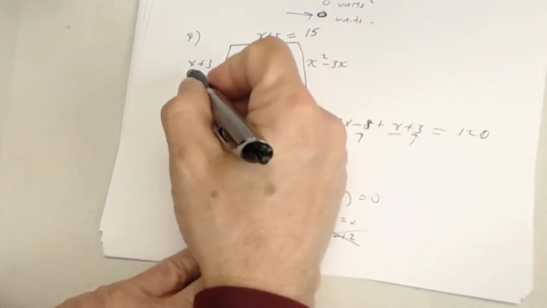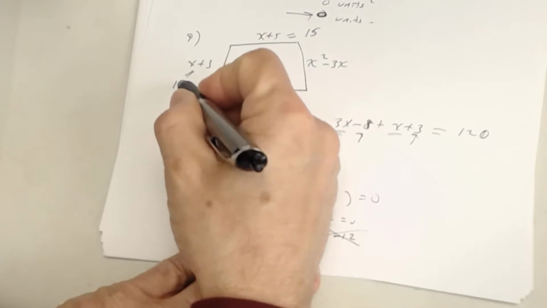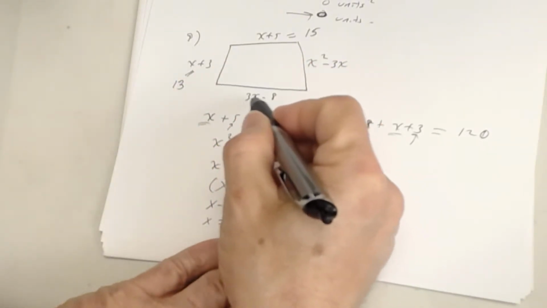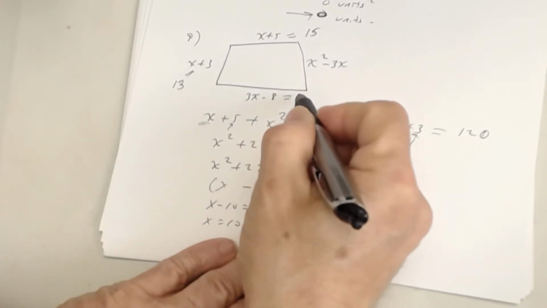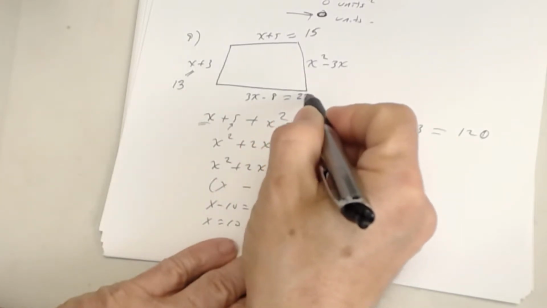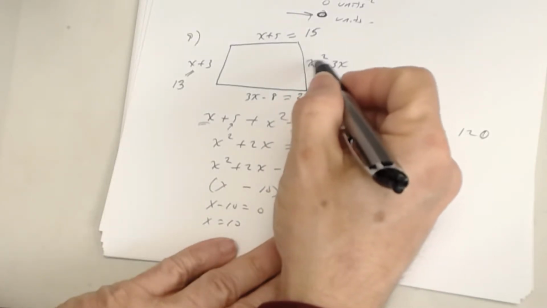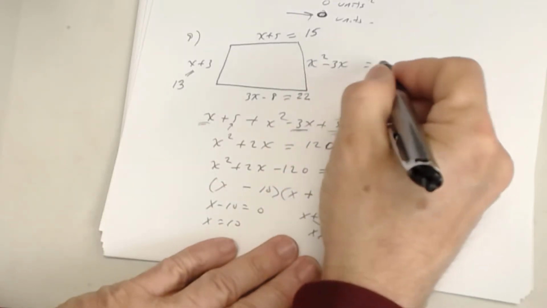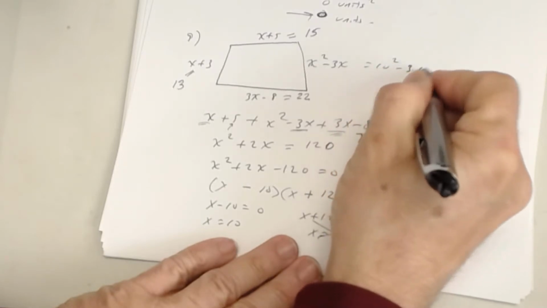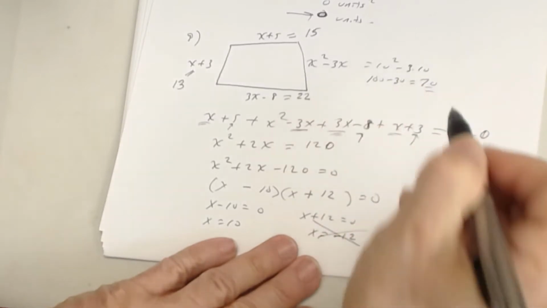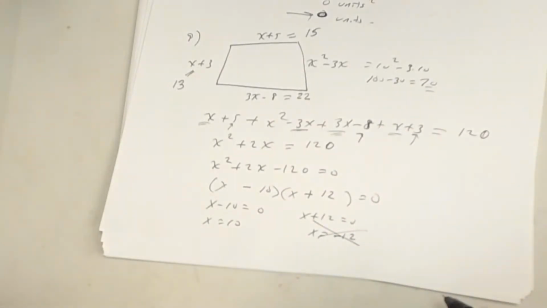What's 10 plus 3? 13. 3 times 10 is 30, 30 minus 8 is 22. What's 10 squared? Remember, this is 10 squared minus 3 times 10, so 100 minus 30 is 70. So those are your side lengths.